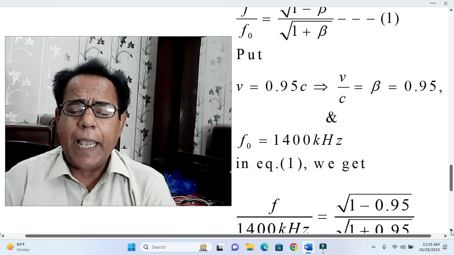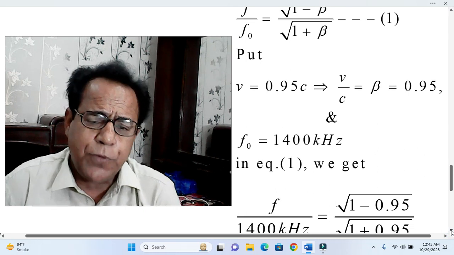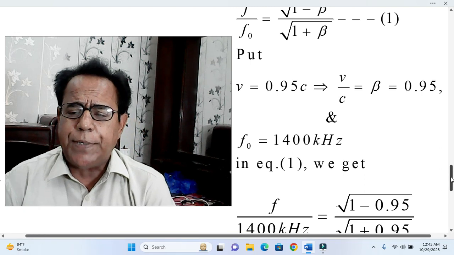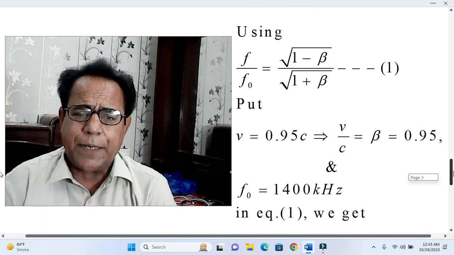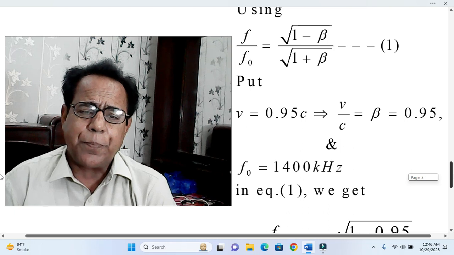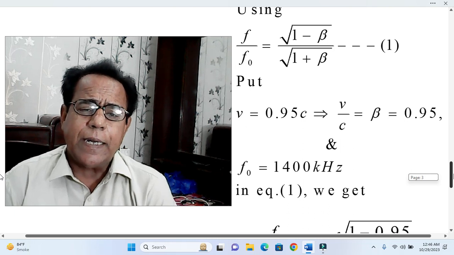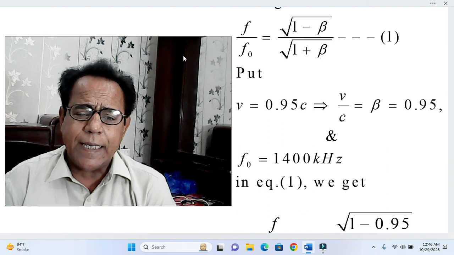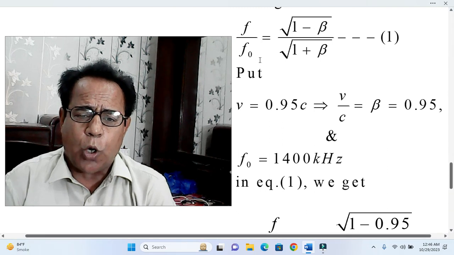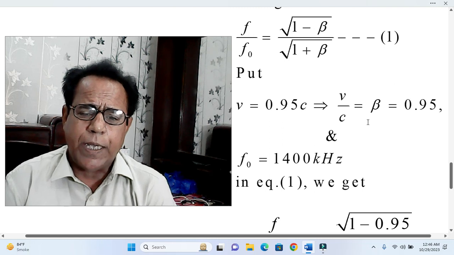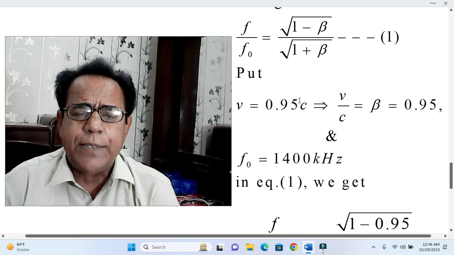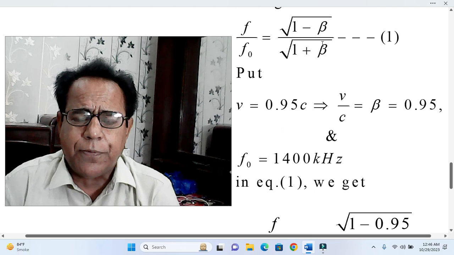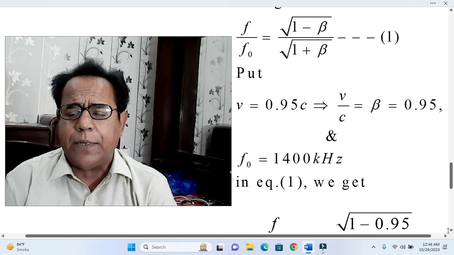As per the statement of the problem, the frequency given falls under the category of f naught. So we will put these two values in equation number 1, and our result will appear.